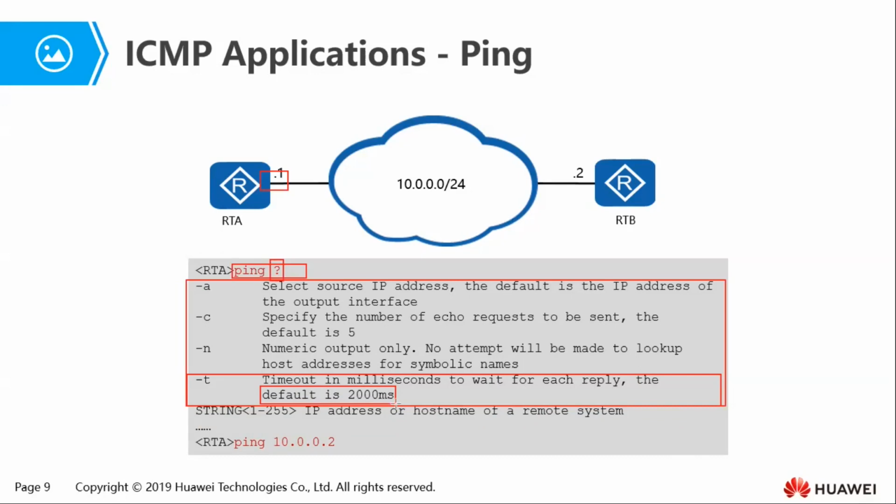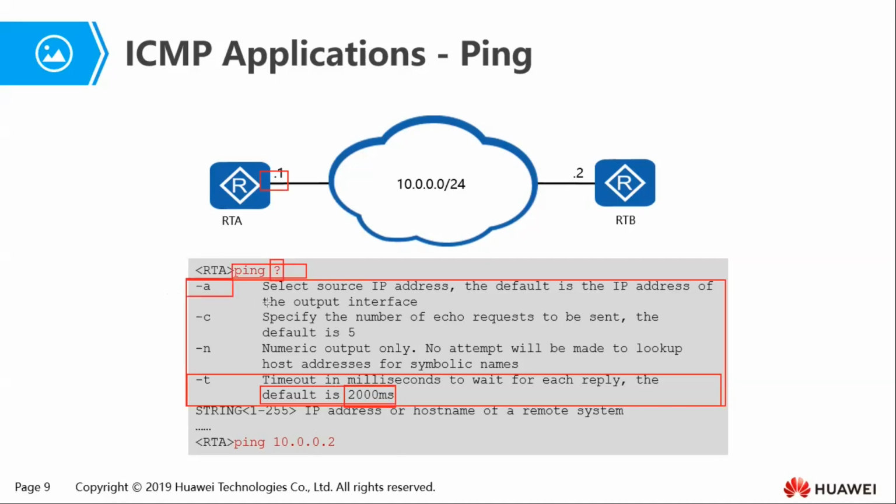You're not going to get host unreachable. Sometimes you might want to increase this value from 2000 milliseconds to a larger value in case you have delays in your network. Because if you have delays in your network, then you're going to get timeout all the time.